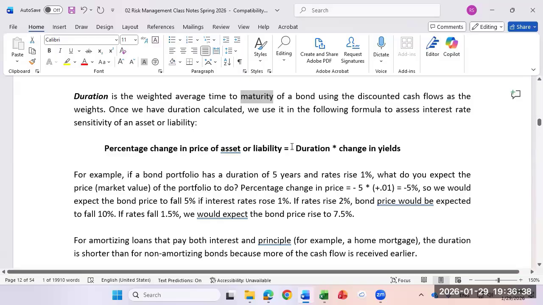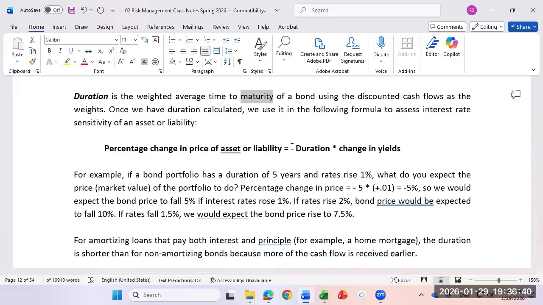So what duration says is that maturity doesn't tell you much. Let's look at all the cash flows, and let's take a weighted average of the cash flows to get the true exposure to interest rates. So there's a big difference between a 30-year Treasury and a 30-year mortgage. What's the biggest difference? What does a Treasury pay you every month for the next 30 years, or every 6 months?